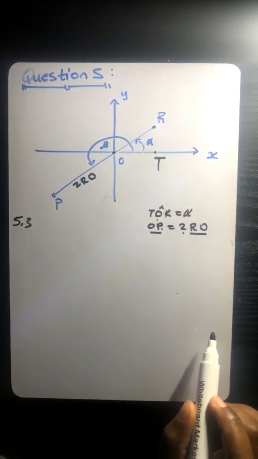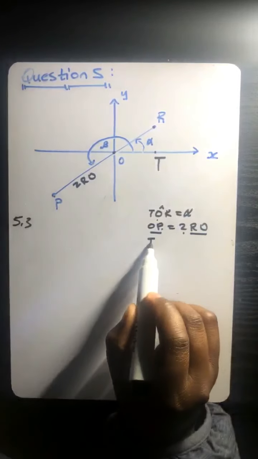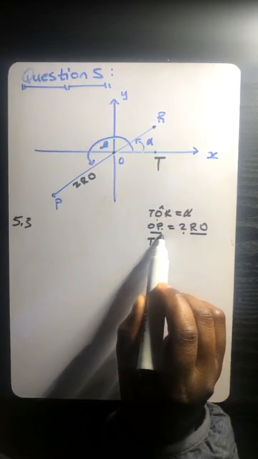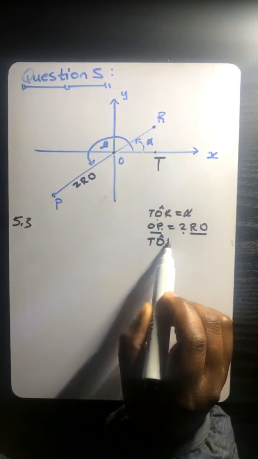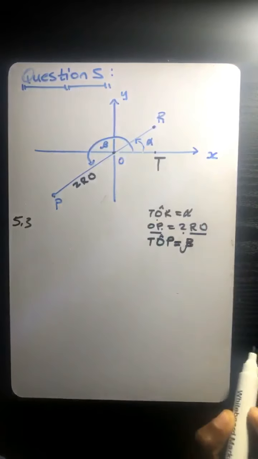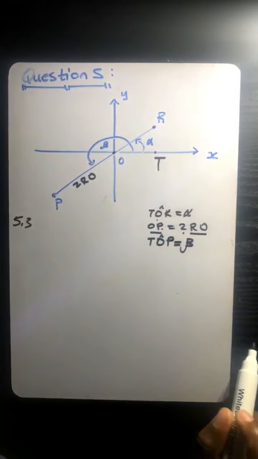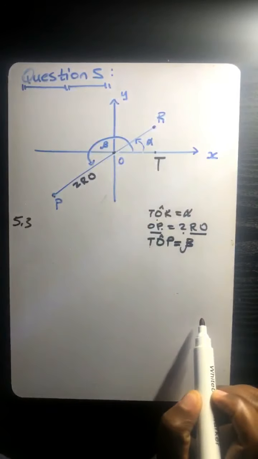Okay, makes sense. Let's continue. They are saying in triangle TOP, angle O P is equal to beta. You also need to be able to interpret what this means.